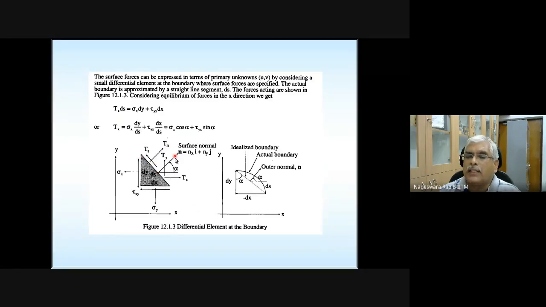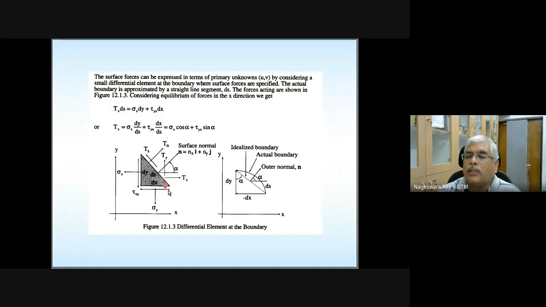What is the traction along x direction? Traction, you can imagine like a pressure. If I want the total force along x direction, Tx times what is this?